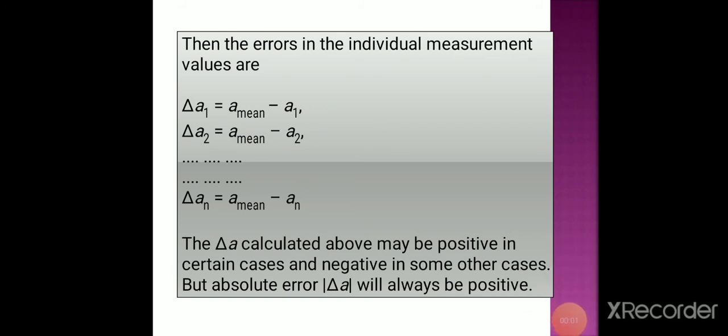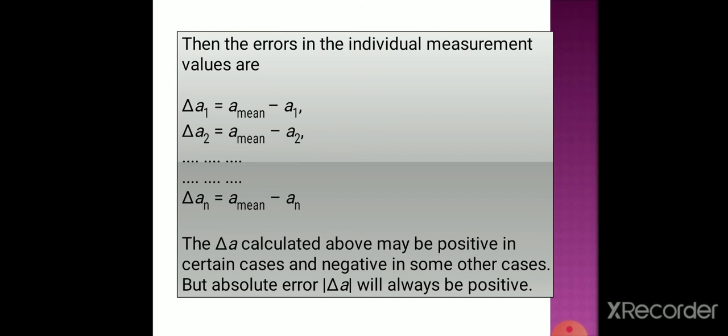Errors in the individual measurements. We can take the absolute error in the measurement of A1 to be delta A1, equivalent to A mean minus A1, where A mean is the arithmetic mean of all measured values. Similarly, the absolute error in the measurement A2 is delta A2, equivalent to A mean minus A2.